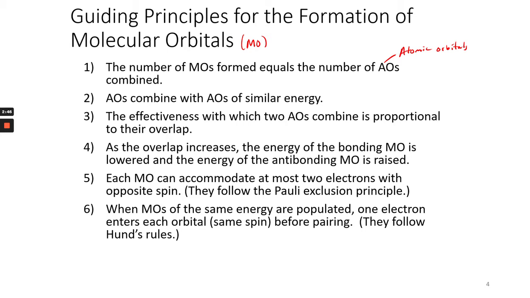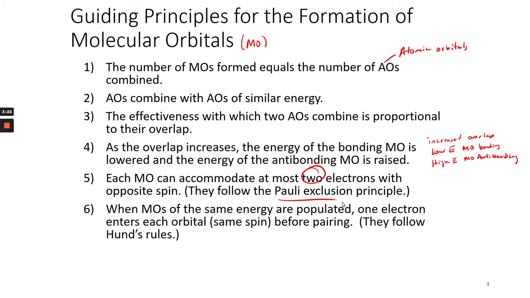So if you have increased overlap, you have a low energy molecular orbital for the bonding, and you have a high energy molecular orbital for antibonding. Again, as we said previously, each of your molecular orbitals can contain 2 electrons with opposite spins.